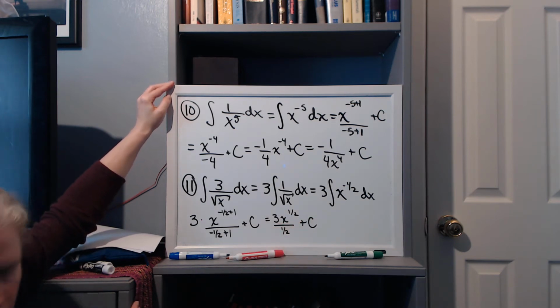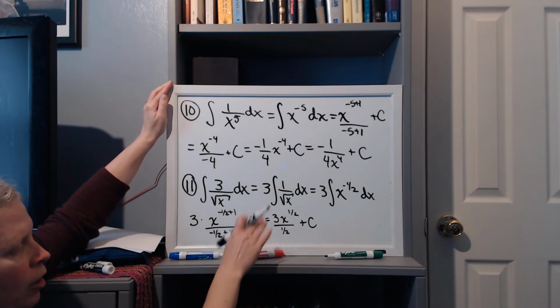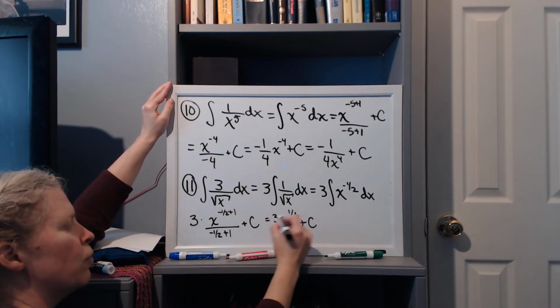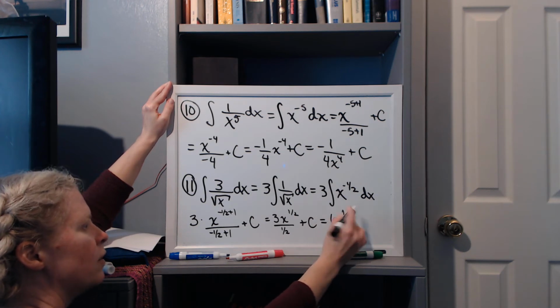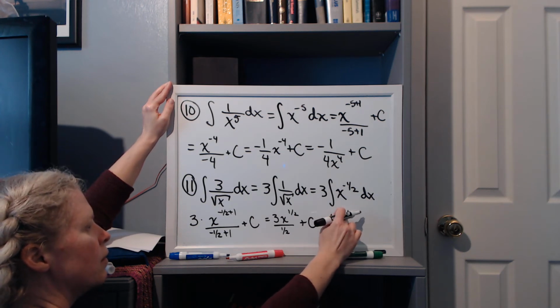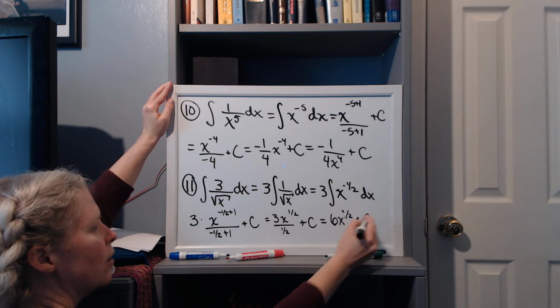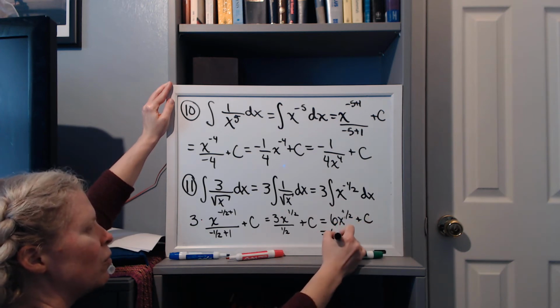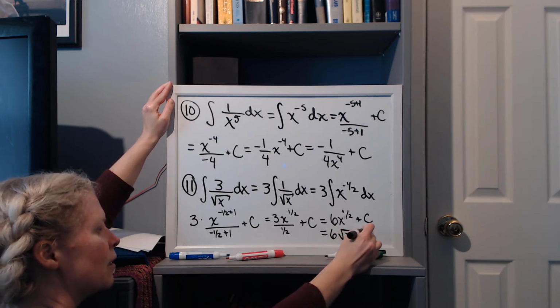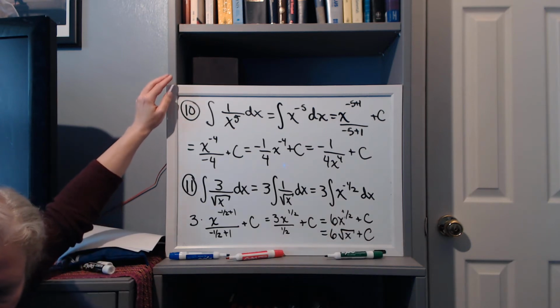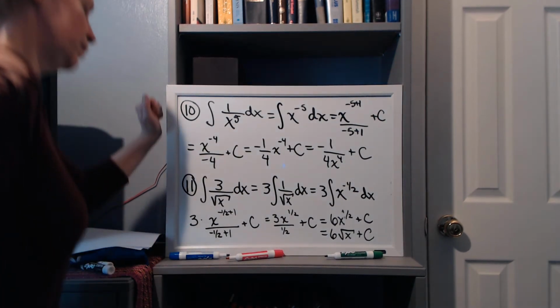And I'm going to simplify this. That 1/2 in the denominator flips up, and we'll have 3 times 2, which is 6x to the 1/2 plus c. Or we can go back to the square root notation and have 6 times the square root of x plus c. So there we go.